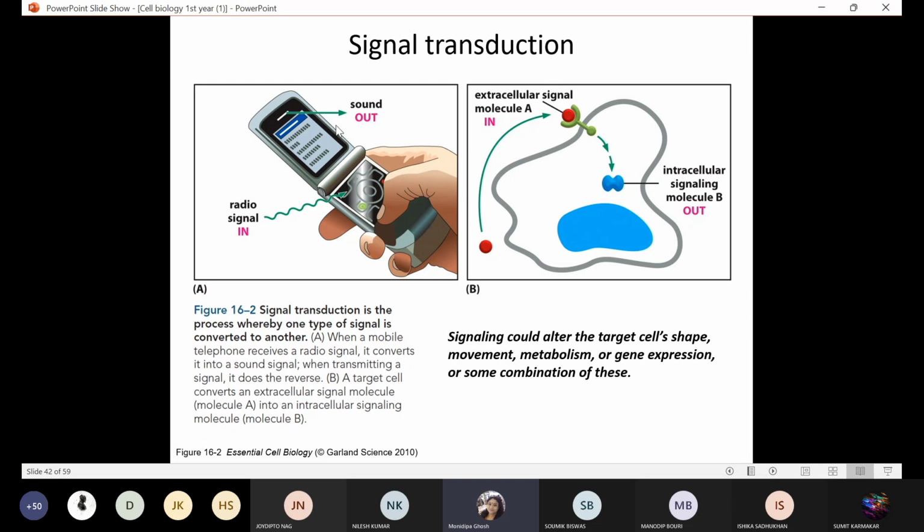Just as the baton is passed from one person to another in a relay race, in signal transduction the signal molecules are passed on from one side to another, and it occurs like this.